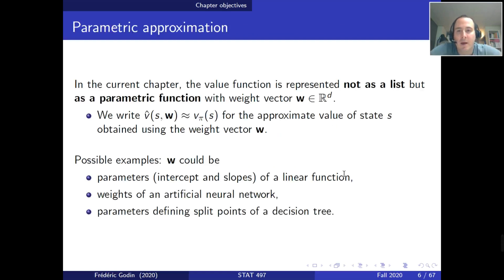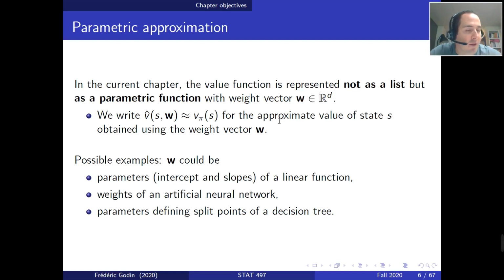Okay, so here, as we mentioned previously, for the current chapter, the value function is represented or approximated not by a list of values, so not as one value per state, but instead as a parametric function with parameters.